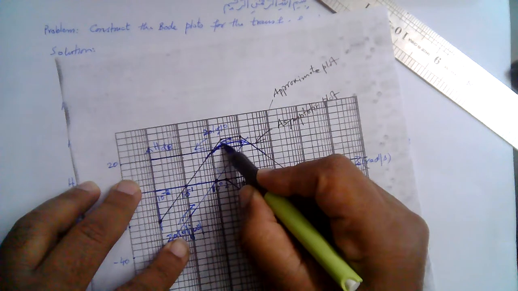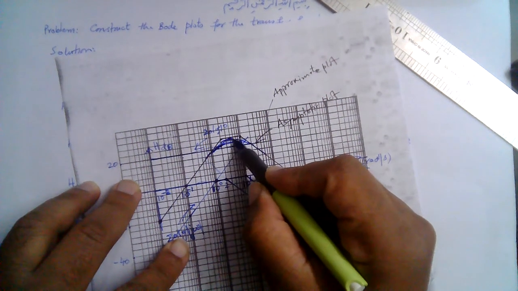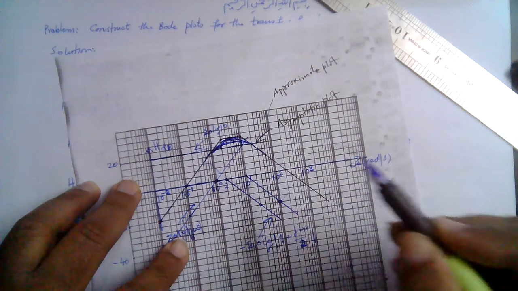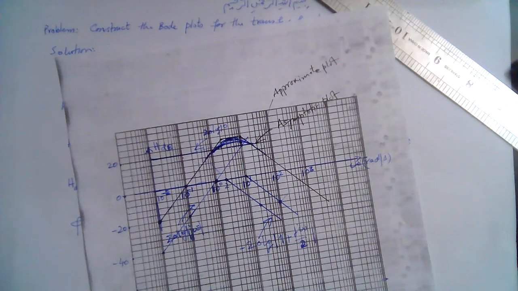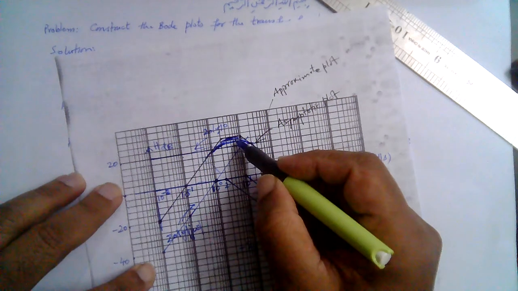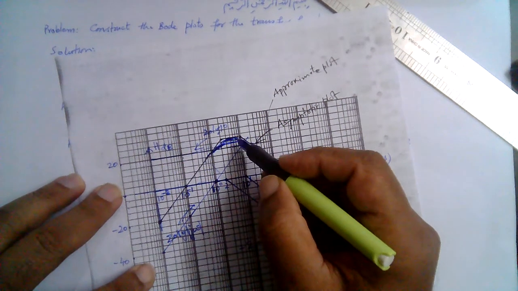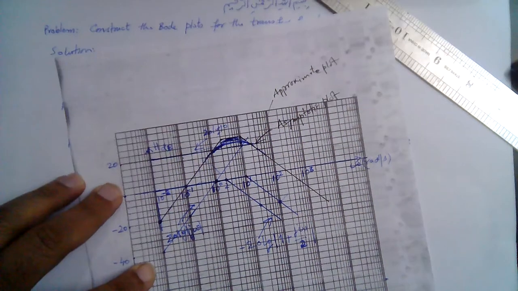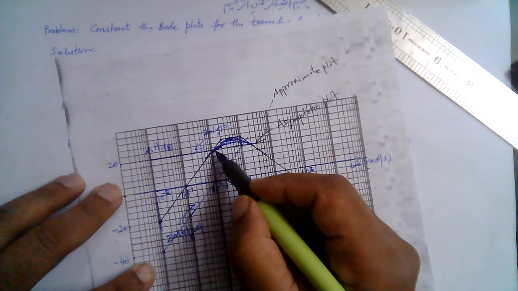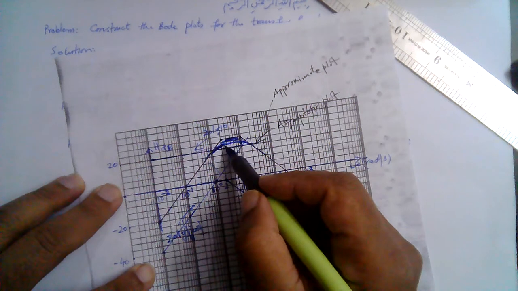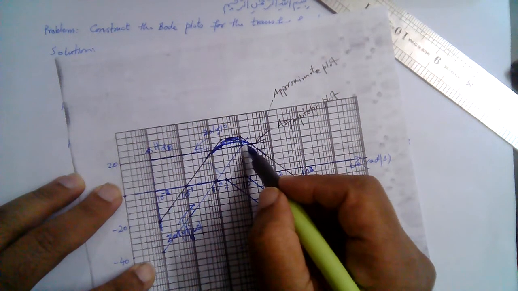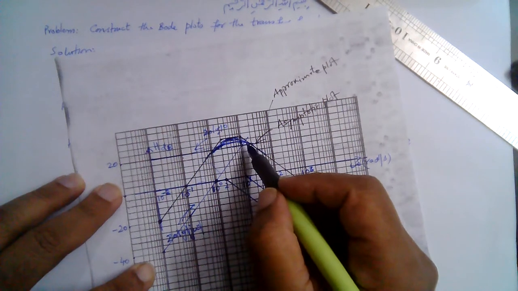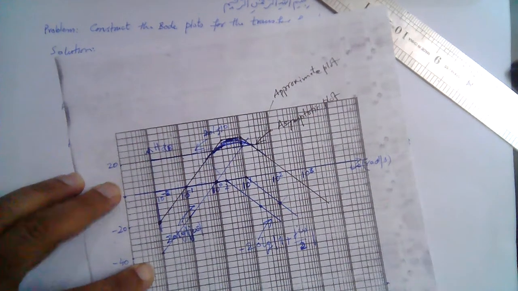Maybe it can go on to the peak and then come back, right? So this is the exact plot. Then again an approximation, but closer to the exact plot. So this is the asymptotic plot, and if we apply this 3 dB correction, then this will be a better approximation, closer to the exact plot. So this was the magnitude plot.